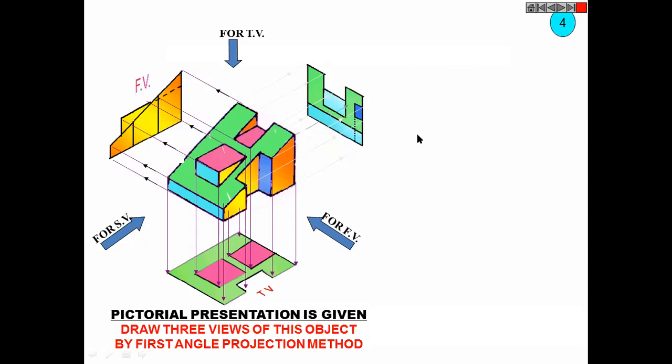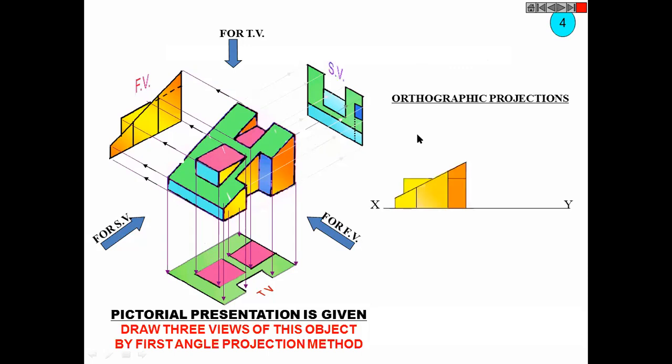Okay, we'll see one more before proceeding further. This is the start, and what we will do, we will have the xy line. This object is resting on a horizontal plane, so it will touch this xy line. This is the front view, in the first angle projection method. So the front view will come over the xy line, like this.